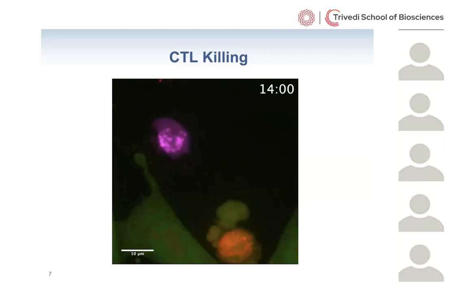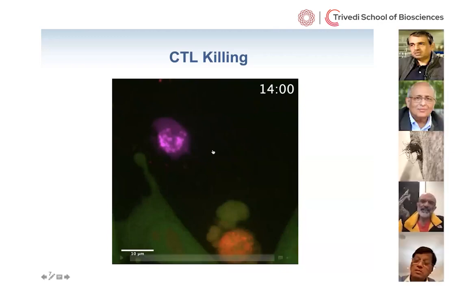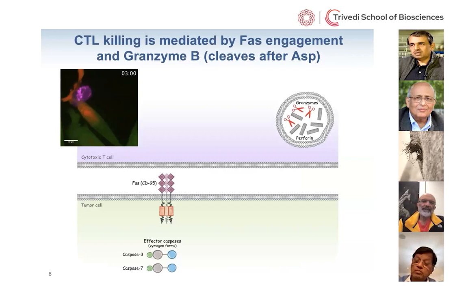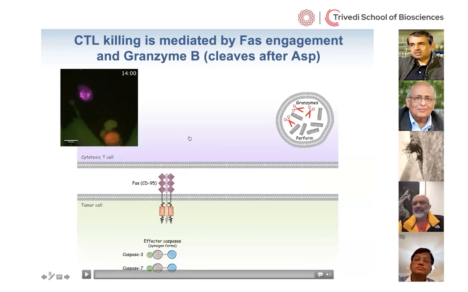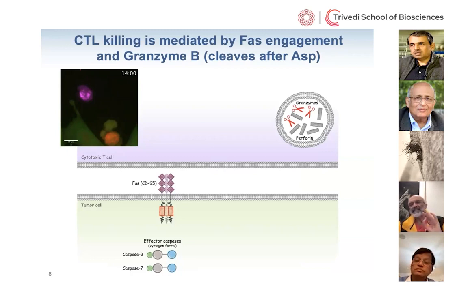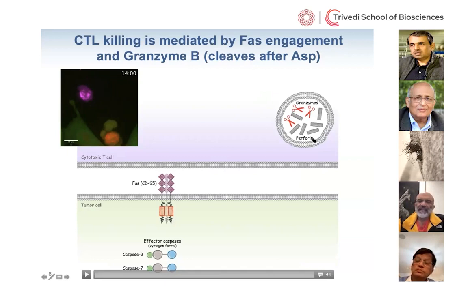So what exactly is the killing mechanism? What did this purple cell do to this green cell that it died? So there you see the movie again. The purple cell kills the green cell. Well, the purple cell is the cytotoxic T cell. Okay, that's the CD8, that's the cell that does the killing. And this cytotoxic T cell has granules in it, which contain a very potent form of molecular scissors termed granzymes.